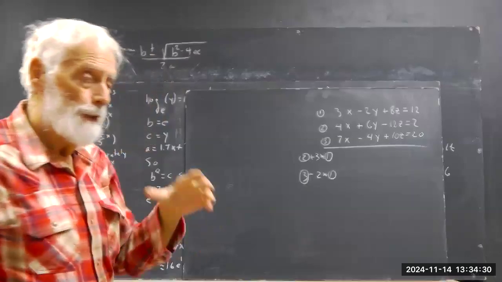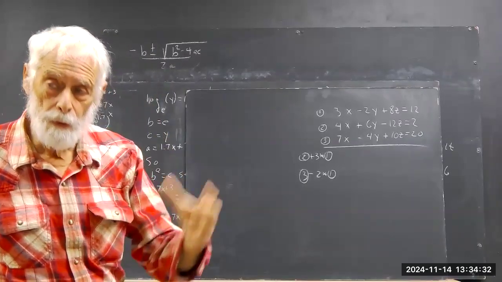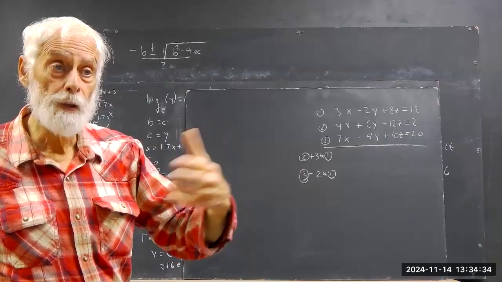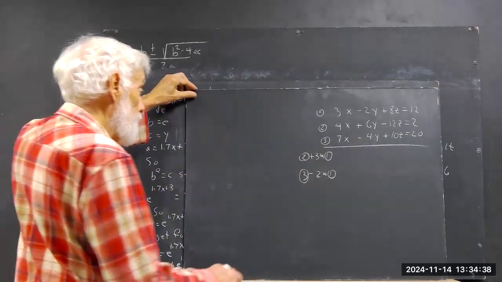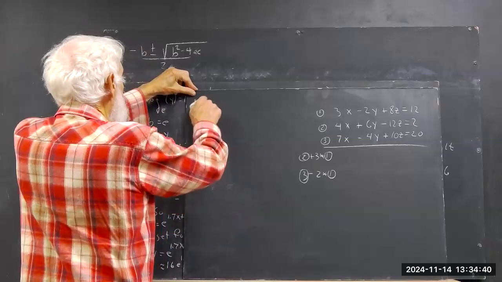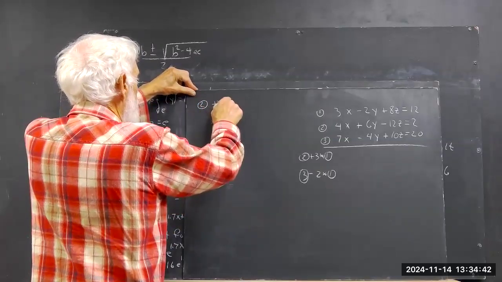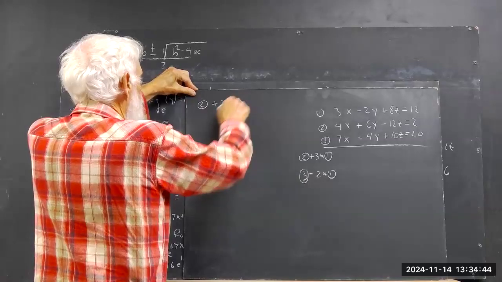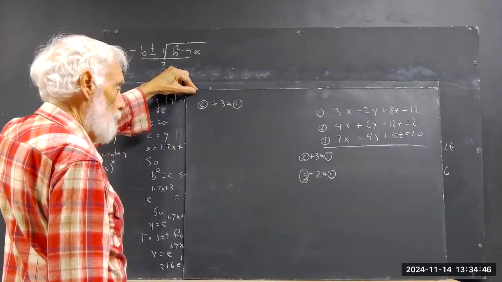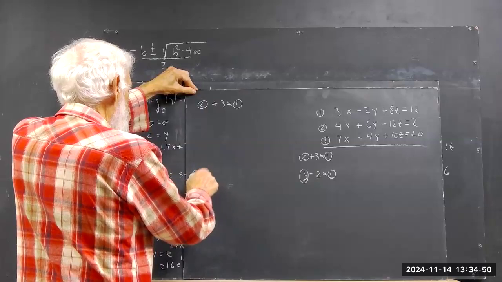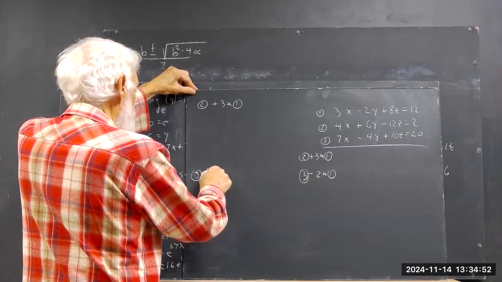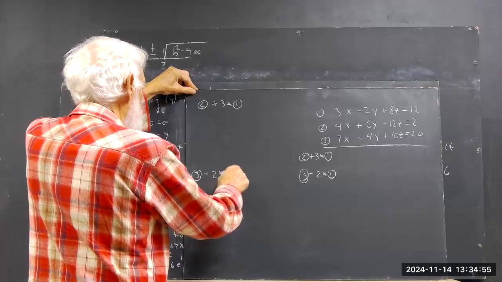Okay. Now, you're probably going to calculate some of this off to the side. Okay, so I'm going to recommend that you write this 2 plus 3 times 1. And then down here, write equation 3 minus 2 times equation 1.